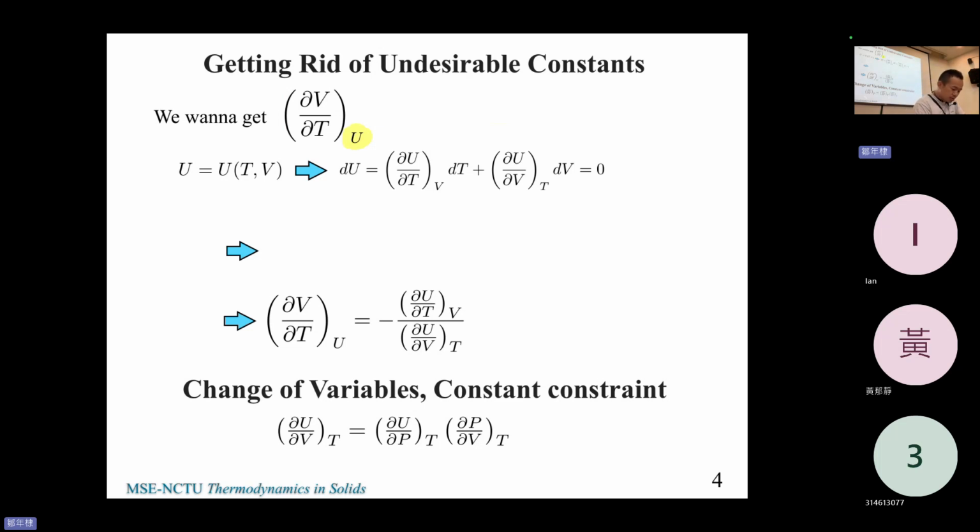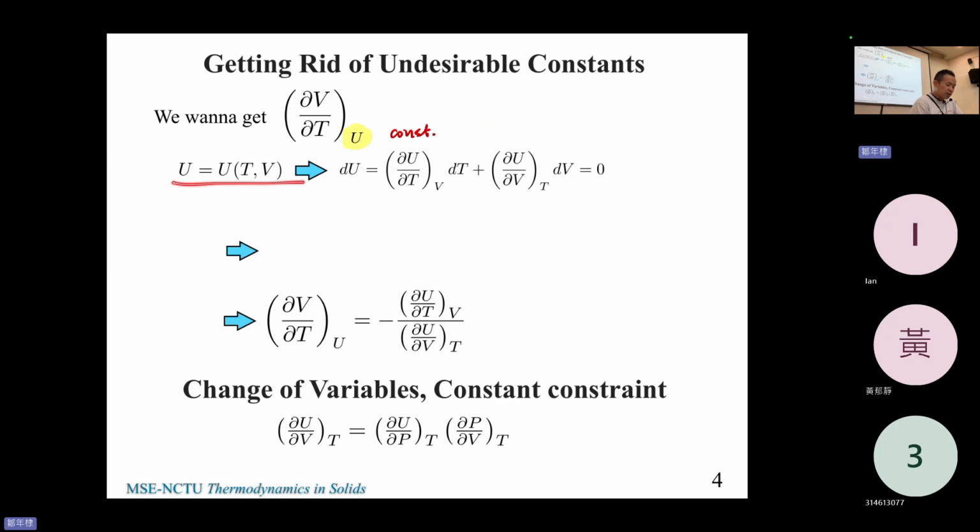How can we get rid of that constant? We want to use V and T, which are more measurable things for human beings, right?